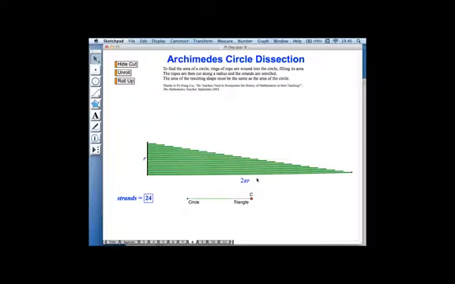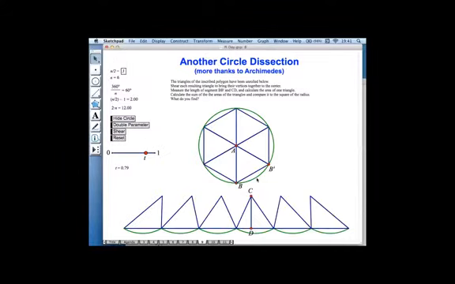And they've arranged themselves so nicely into a right triangle with a height of r. So now from the height and the base of this right triangle, we're in a very nice position to figure out how the area of the circle relates to pi and to the radius. And that just seems like an extraordinary way to me of turning a circular figure into a figure that has no circles at all.